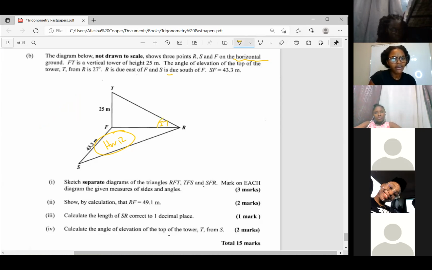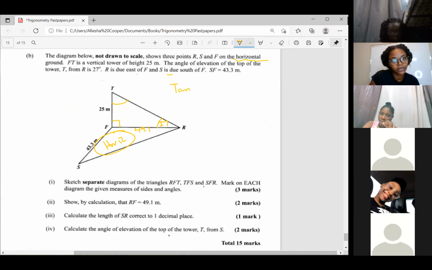Show that RF is 49.1. How do we show that? This is 90 degrees. This is 27. So we could just use 27 and 25, opposite and adjacent.